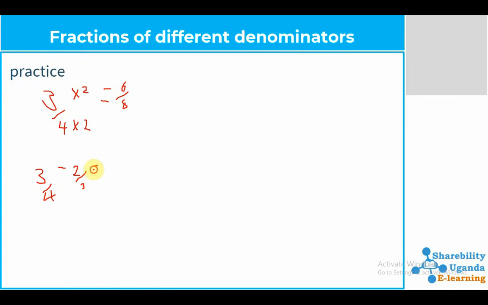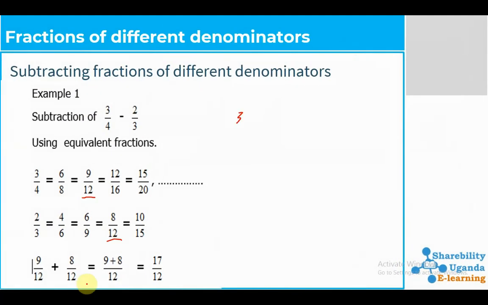So here we are going to use our common denominator, which is 12. When we have our common denominator, we can see our 9, which is the same as 3 out of 4, then our 8 out of 12.